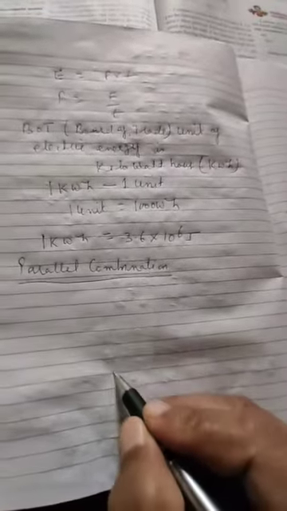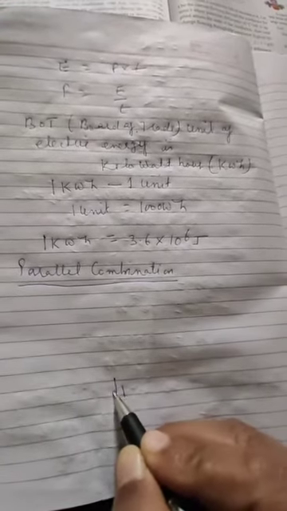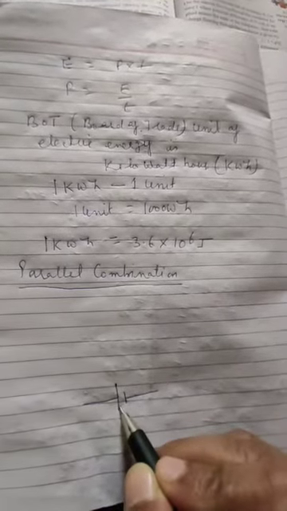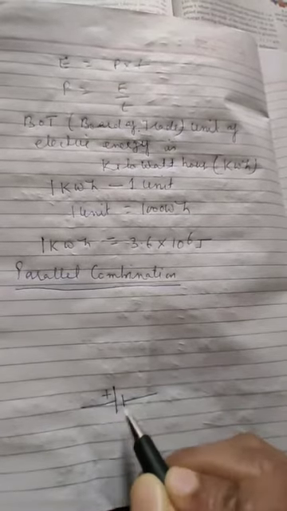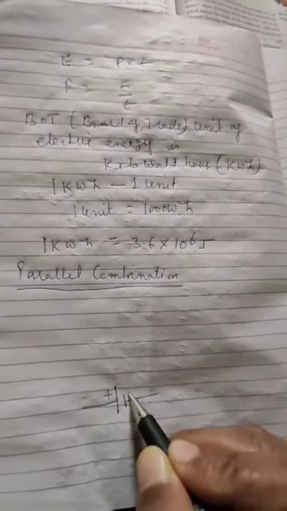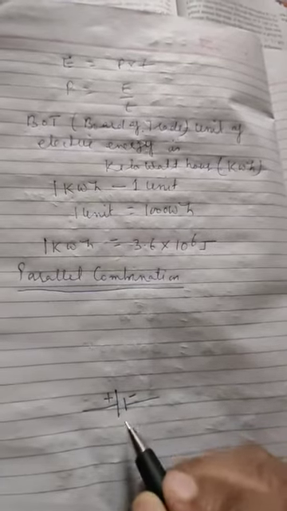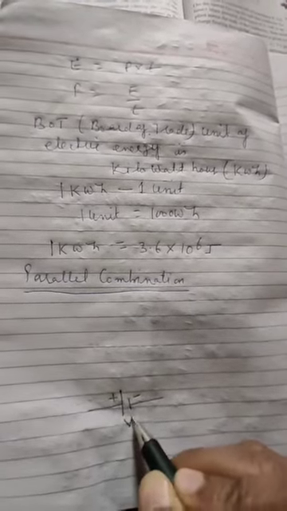Now how is it done? Just see to it. First of all, this is the sign of a cell. The longer line is known as the positive terminal. The smaller one is known as the negative terminal. So positive and negative terminal means this is the potential difference.